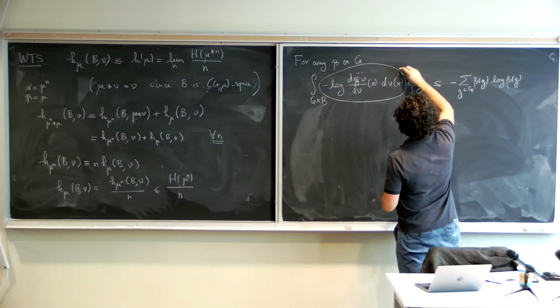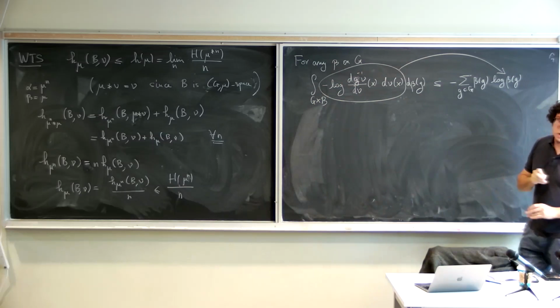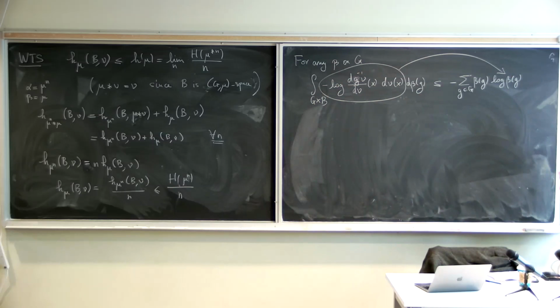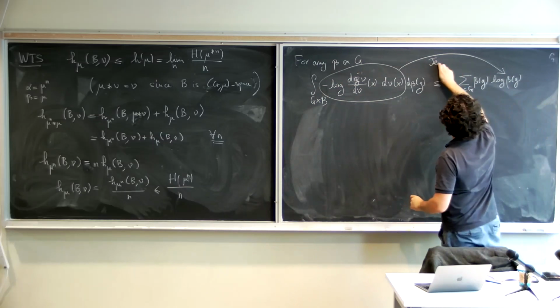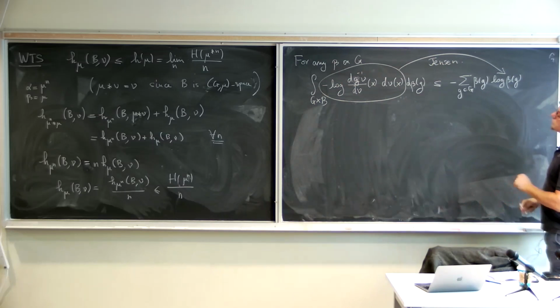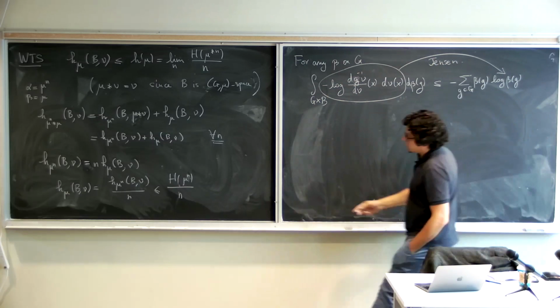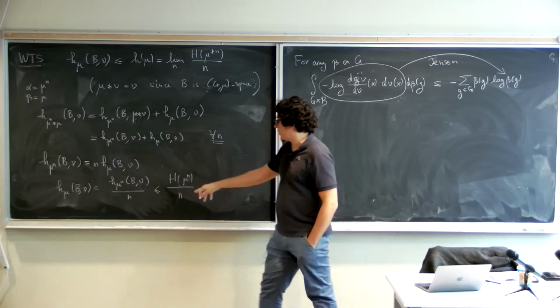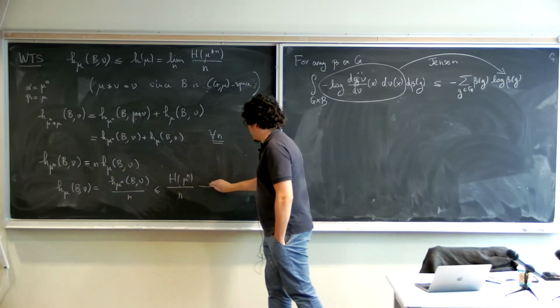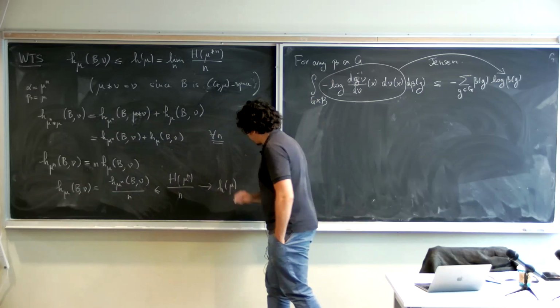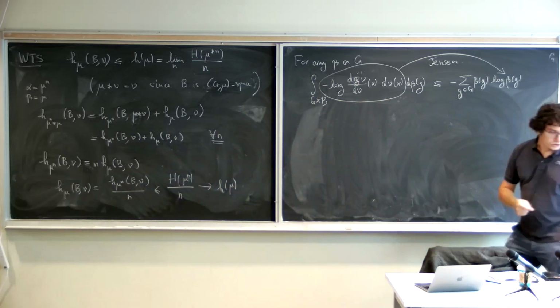So for any measure, this is less than that, and then we take the limit. This one converges to H of mu. So very good.